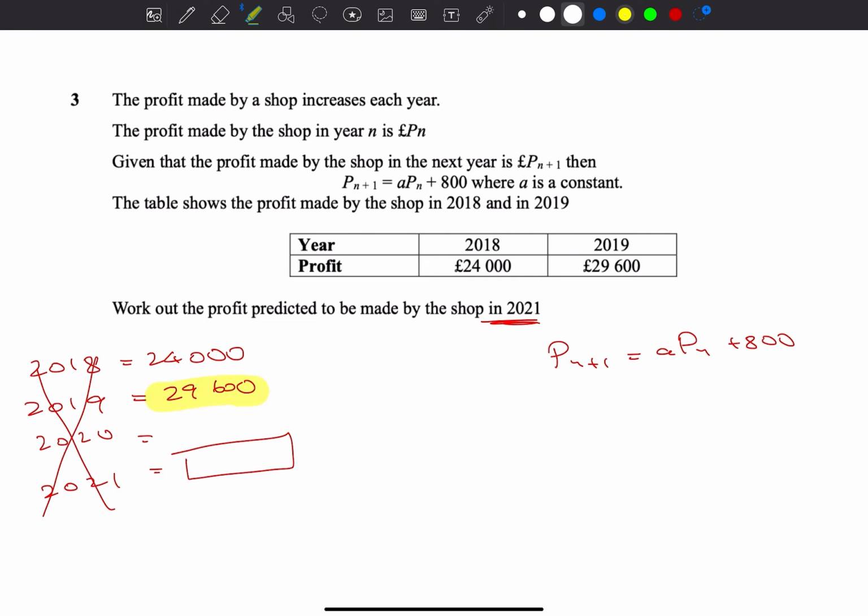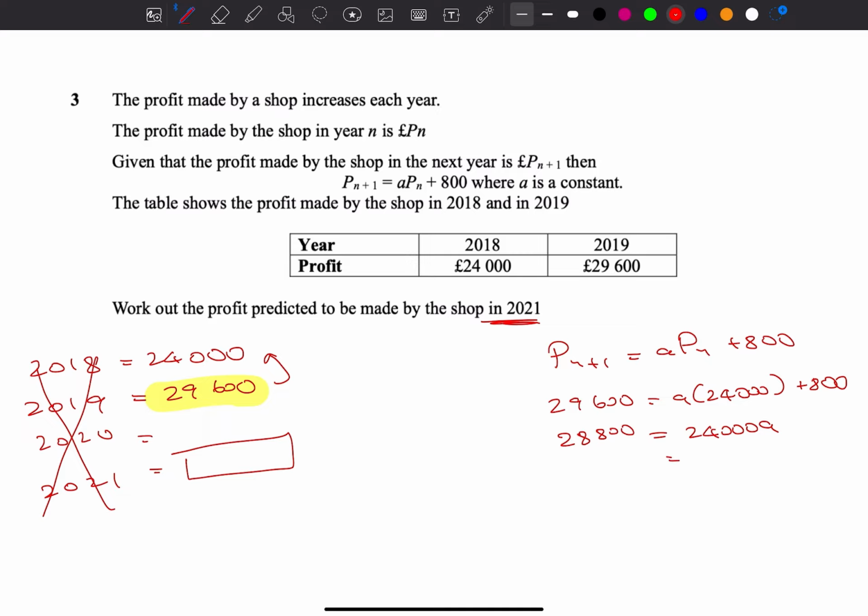You start with this number, then only you can put the previous number as that. 29,600 equals A times 24,000 plus 800. 24,000 A is equal to 29,600 minus 800, which is 28,800, divided by 24,000, which is 1.2. So that equation is Pn+1 equals 1.2 Pn plus 800.